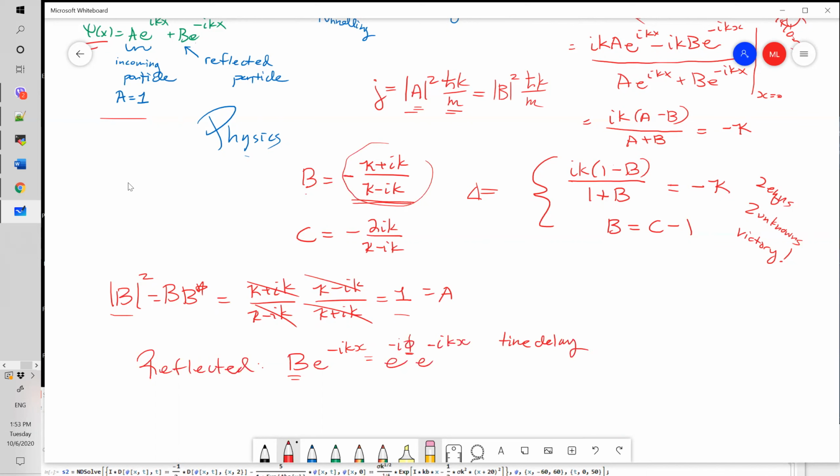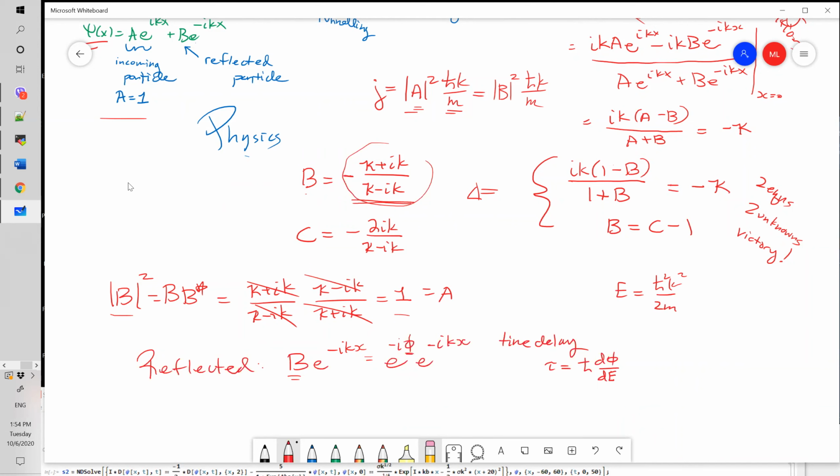If you go back to those notes, the time delay is given by h bar times the derivative of this phase function with respect to the energy, or if you want, you can rewrite this as the derivative with respect to k, because E here is just kinetic energy, so it's h bar squared k squared over 2m.